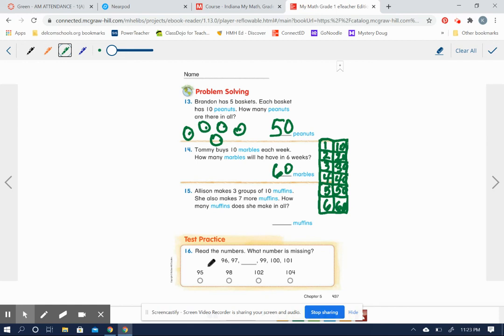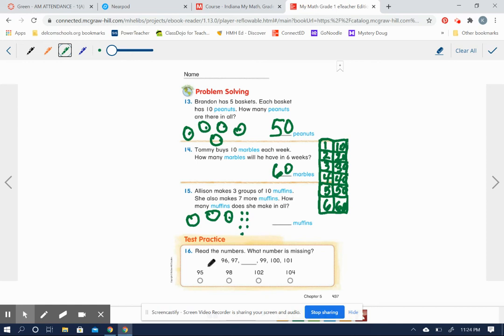Okay, one more. Allison makes 3 groups of 10 muffins. Okay, 3 groups of 10. 10, 20, 30. Oh, but we're not done. She also makes 7 more muffins. Is that in a whole other group? 7 more groups? No, just 7 muffins.